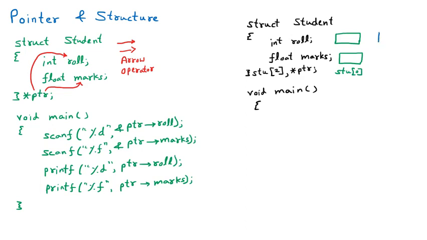Similarly, we have the roll number and the marks for student 1. Because it is a student array, stu[2] means student 0 and 1. So this is the roll number and marks for student 1, and this one is the roll number and marks for student 0. Actually we are representing the index values 0 and 1, that's why we are taking this.